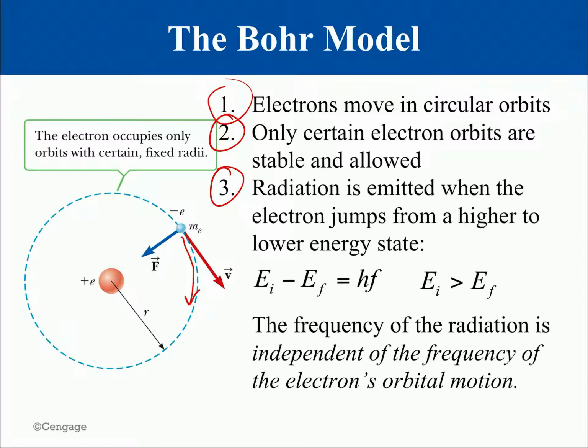So Bohr needed a new way to explain, first of all, what that energy was, in a mathematical form that matched the evidence, like the Balmer series and the Lyman series and so on. So that's going to get us to a model that has a lot of variables.